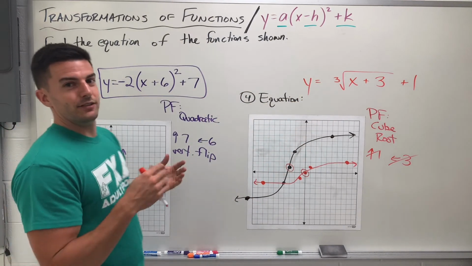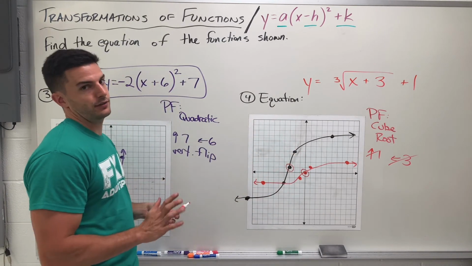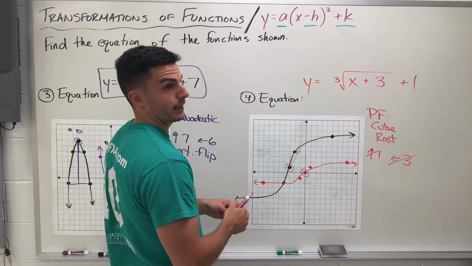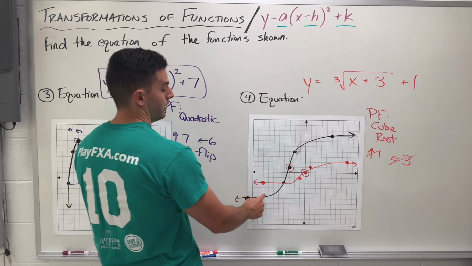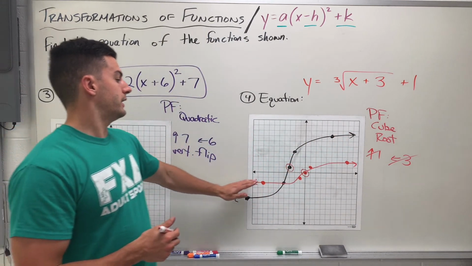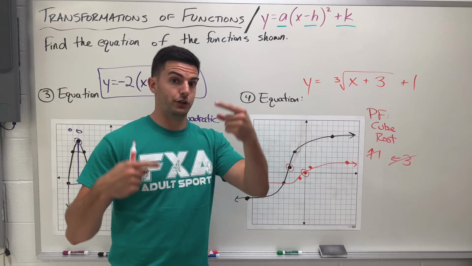So let's deal with the first one. Is it a vertical flip? Okay, does this flip its shape? And that can be really tough to tell too. But no, this does not flip, okay? You see that it starts out low and ends up going higher, even though it's a lot different of a shape. And that's the same thing. If you remember, we talked about a vertical flip of my cube root, and I showed that in Desmos.